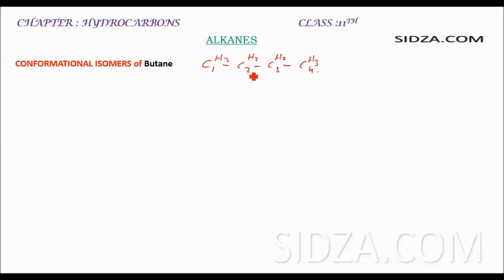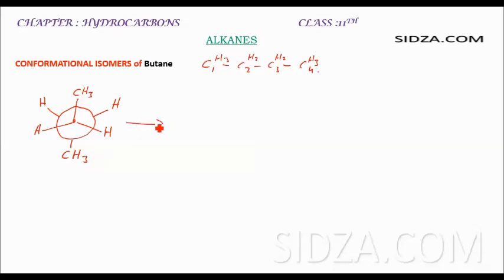So let's find the conformational isomers around C2 and C3. Around C2 we have two hydrogen atoms and one methyl group, C1, attached to C2, which has three hydrogen atoms. Carbon number 3 has two hydrogen atoms and one methyl group.